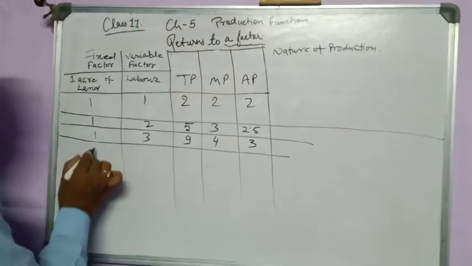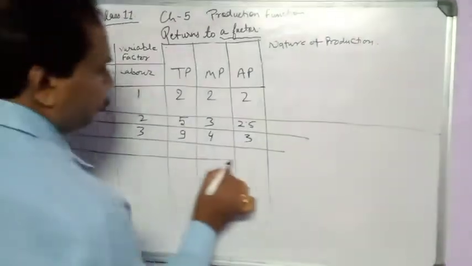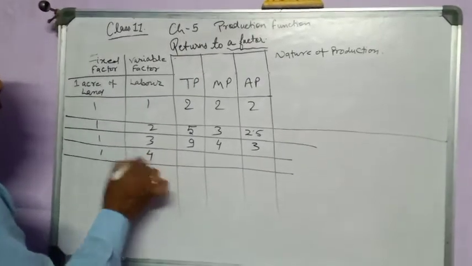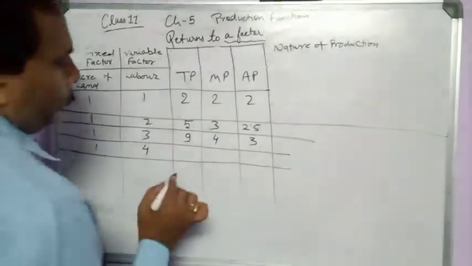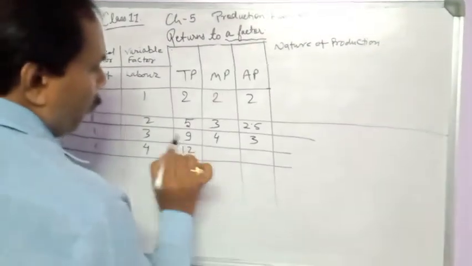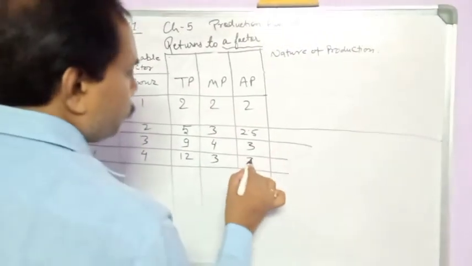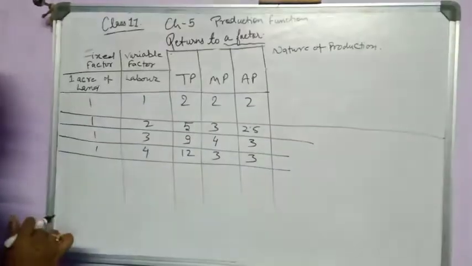When we apply another labor, so here suppose the number of labor is four, the total production increases up to 12, so marginal production will become 3 and the average production will also become 3.